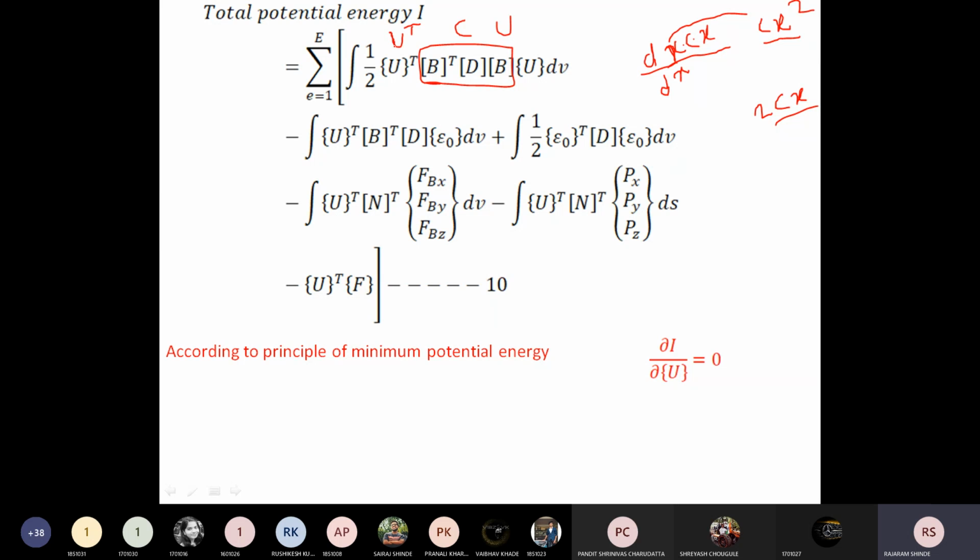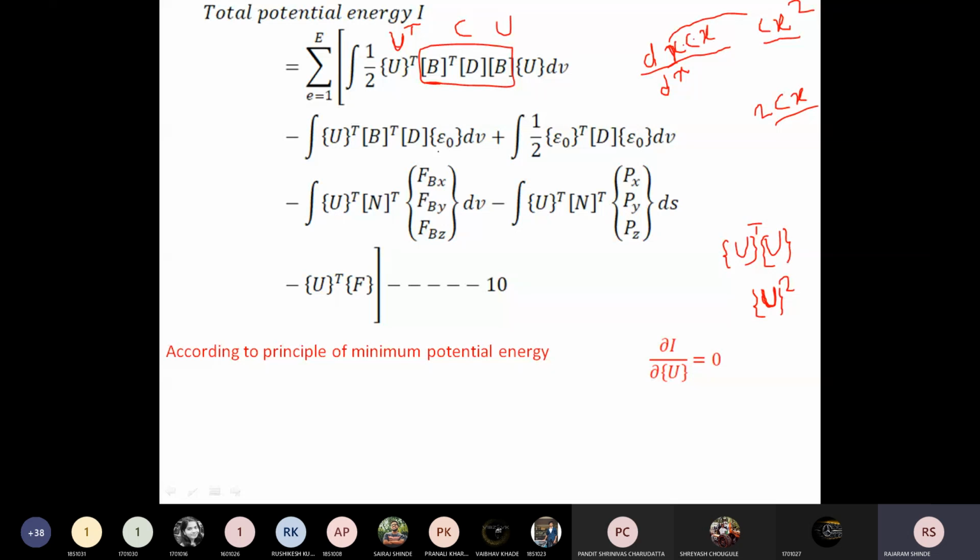Already I have told you, u transpose into u. If it is in matrix form, that is the transpose of the u matrix into the u matrix. It is your u square. Am I right? Do you agree with this? It is the square of the u matrix.